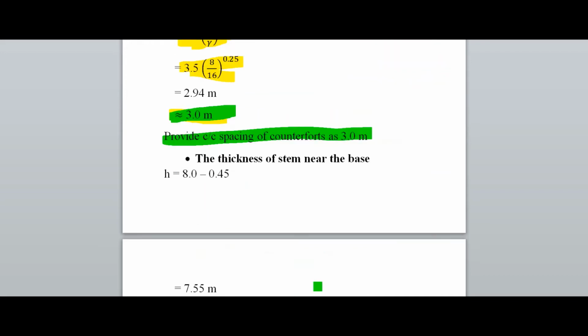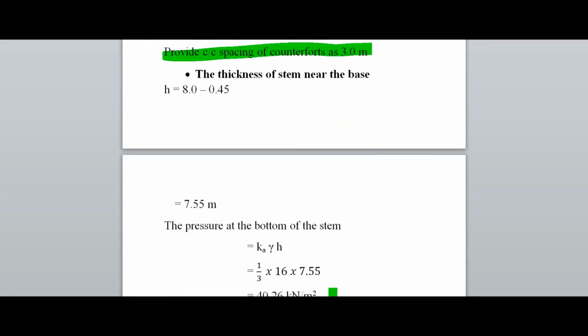Now we have to find the thickness of stem. Finalize the thickness of stem at the base. H is 8 minus 0.45, where 0.45 is the thickness of base slab.